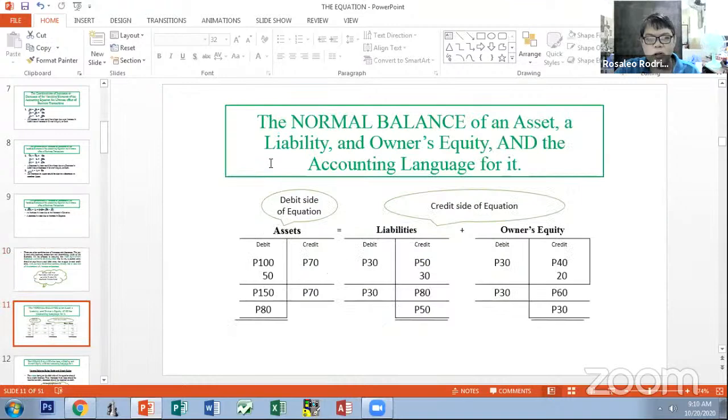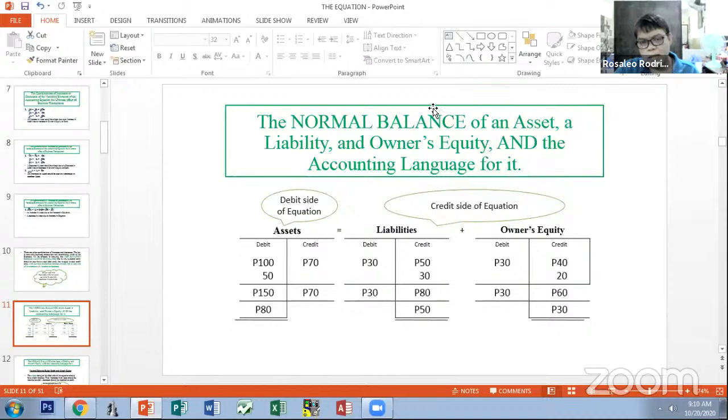Okay, this is now the normal balance rule. The normal balance of an asset is what I mentioned a minute ago. The normal balance of an asset, a liability, and owner's equity, and the accounting language for it.